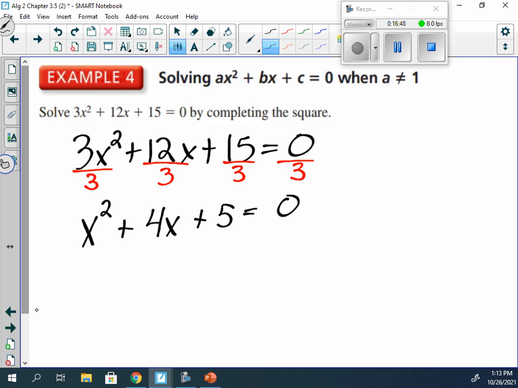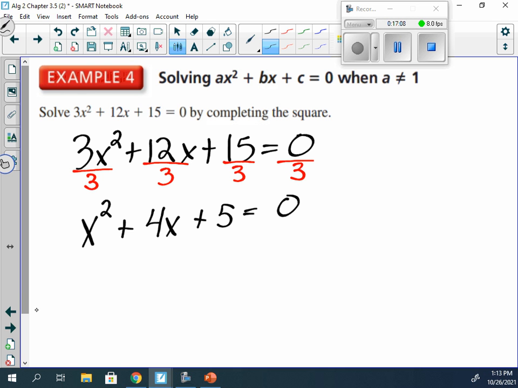And if neither one of those work or it doesn't look like it'll factor, completing the square will always work. Graphing doesn't always work. Factoring doesn't always work. The square root method, well, if we're really delving into the square root method, we might as well be doing this here if we actually have a middle term.